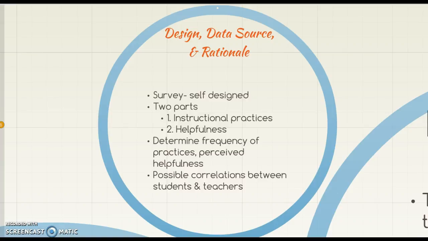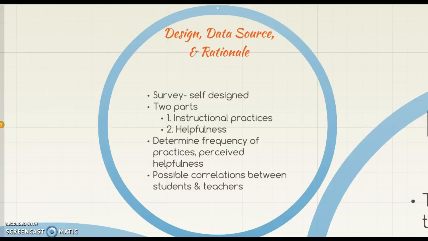And the ratings were never, seldom, sometimes, often, and very often. And the survey provided an explanation of those ratings. The second part asked students and teachers to rate the perceived benefits of those practices. And this part consisted of 9 questions with 5 ratings of very helpful, mostly helpful, slightly helpful, not at all helpful, or not applicable.